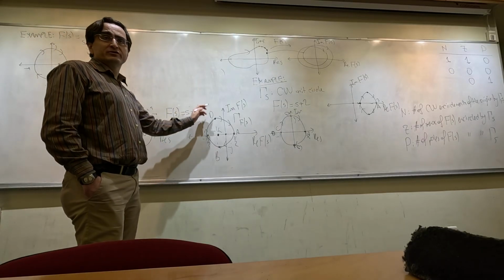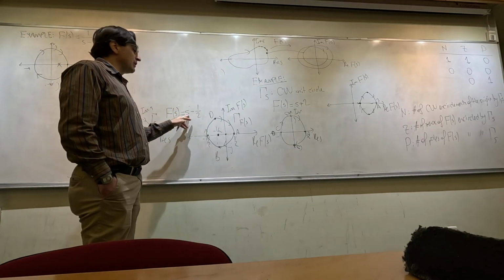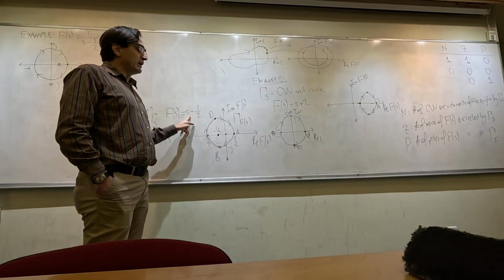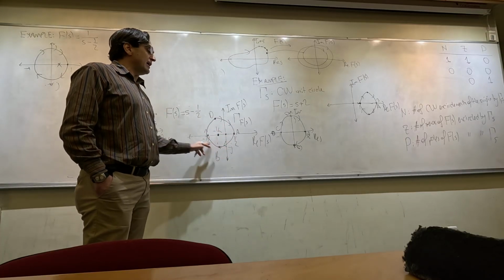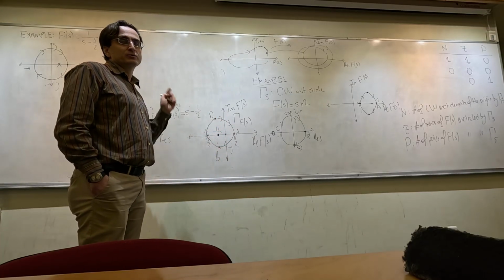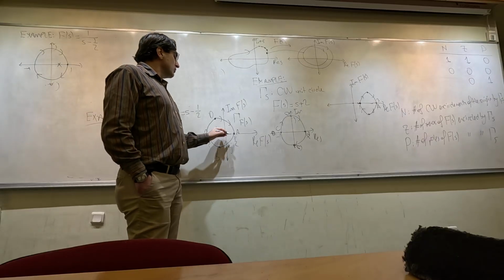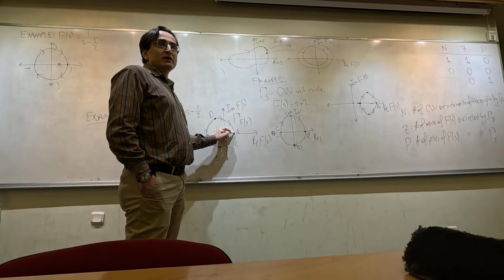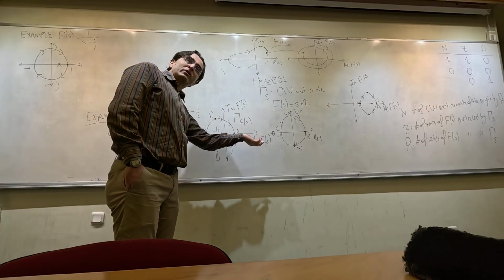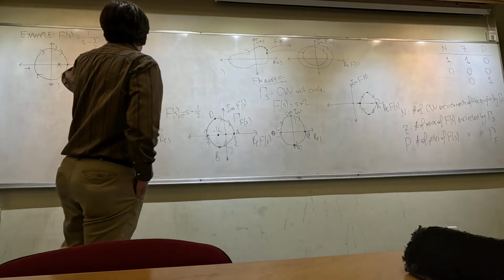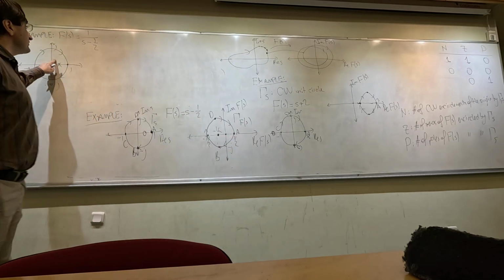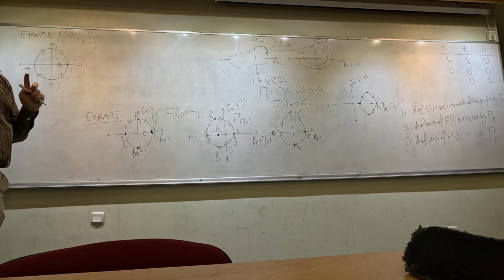I already know the transformation of the unit circle by s minus 1 over 2. Okay? And this is the s minus 1 over 2 transformation of the unit circle. If I consider each point here, and if I take its reciprocal, then I'm going to obtain the transformation of this curve by 1 over s minus 1 over 2. Okay?